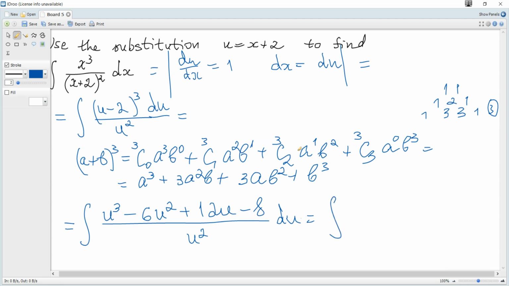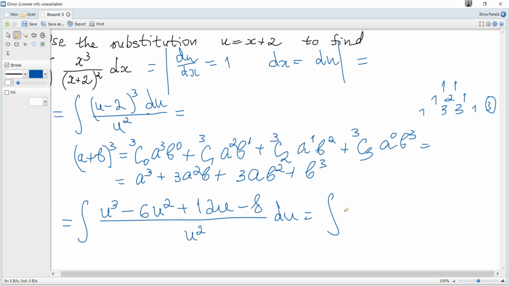And we can divide each term by u squared, hence it becomes u minus 6 plus 12 over u minus 8 over u squared du.